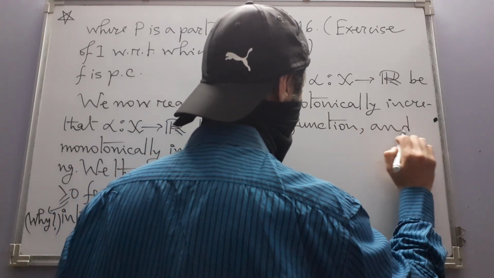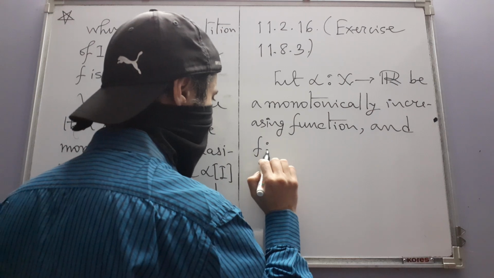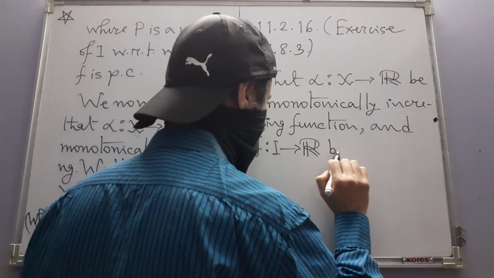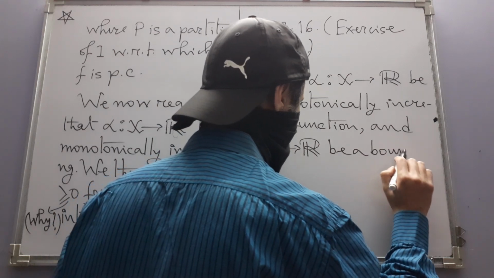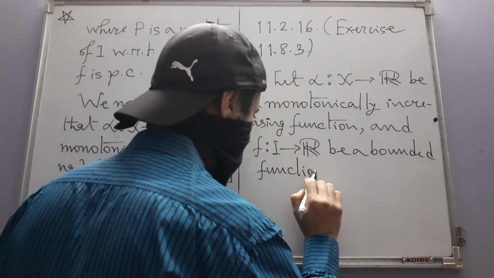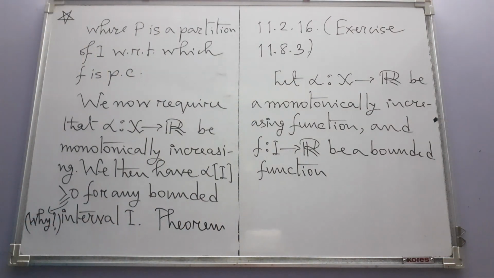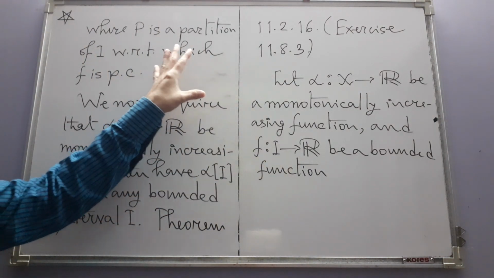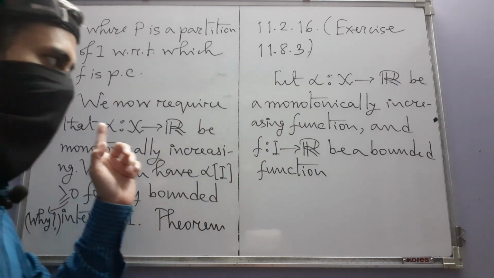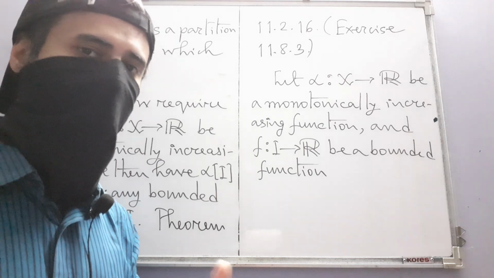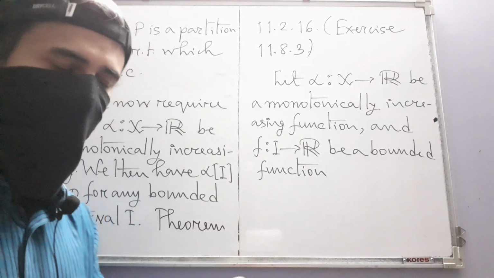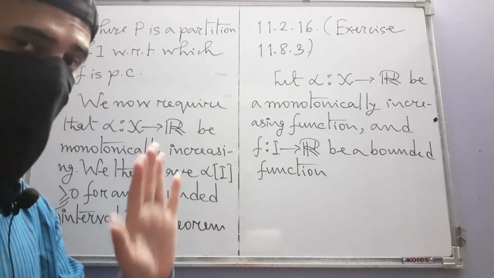and f from I into R be a bounded function. Why did we not write that f is a bounded function for the other definitions? That's because there our f's were all piecewise constant, and any piecewise constant function on a bounded interval is automatically bounded because it has only finitely many values.